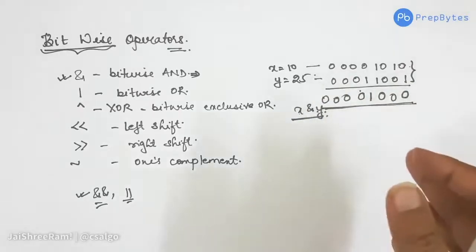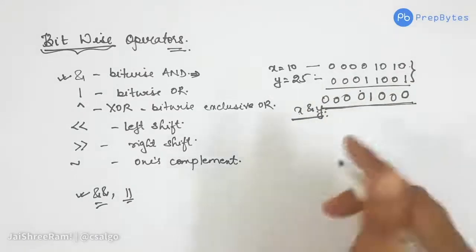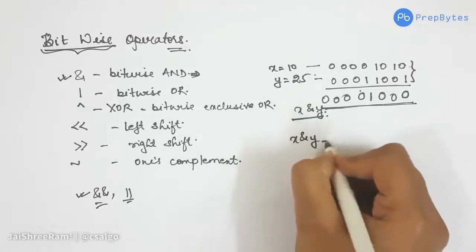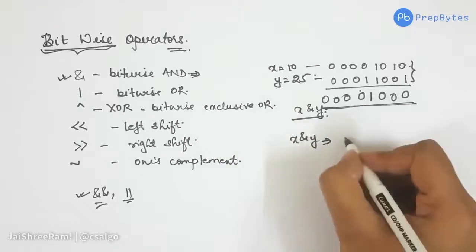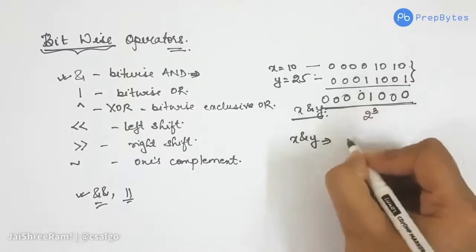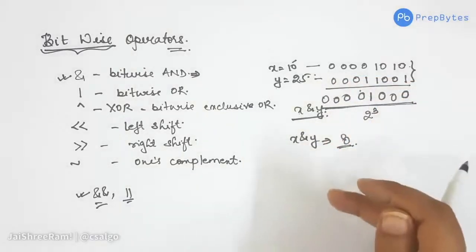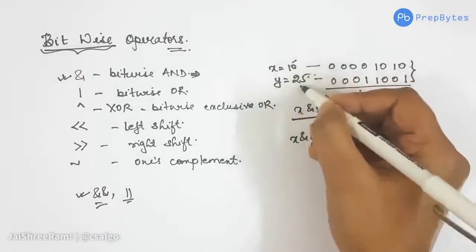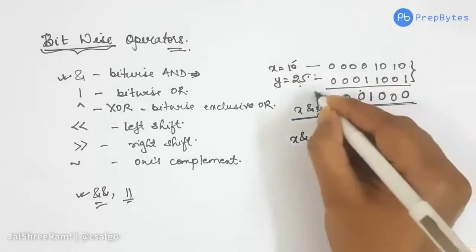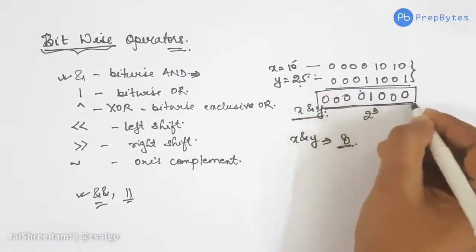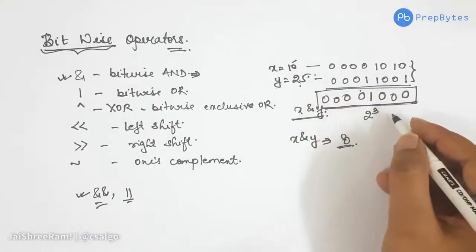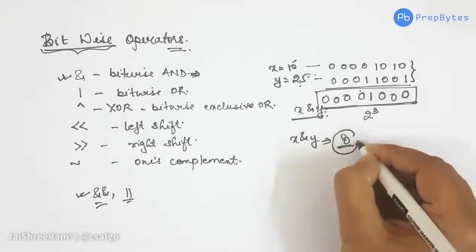If you do X AND Y, your resultant is going to be 2 to the power 3, which is 8. This operation is done on the binary representation of X and Y, and the binary result is converted into decimal and returned to you.